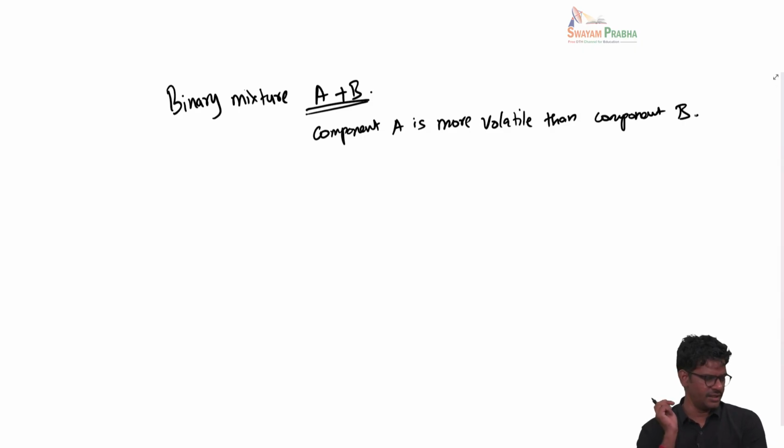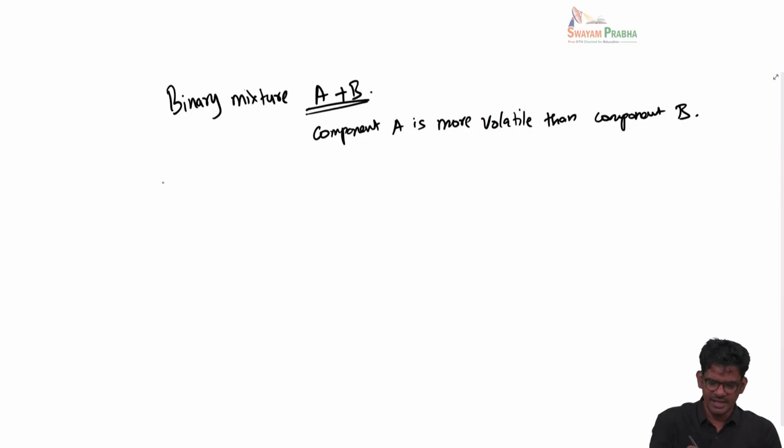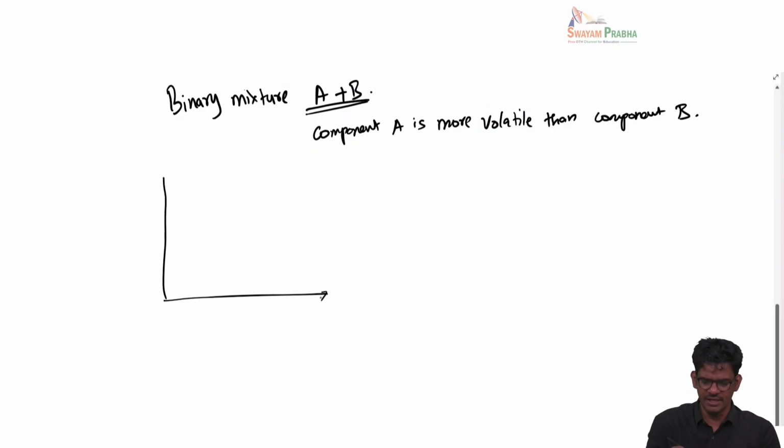Now, if you look at a mixture of A and B and ask what the phase equilibrium for a binary mixture is, you will see that it is a little bit more complicated than for the pure phases. Suppose you consider pure A or pure B, you can nicely show the phase behavior in a pressure and temperature diagram. You will see a characteristic equilibrium line like this.